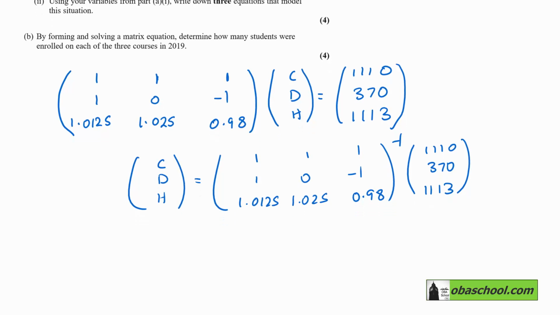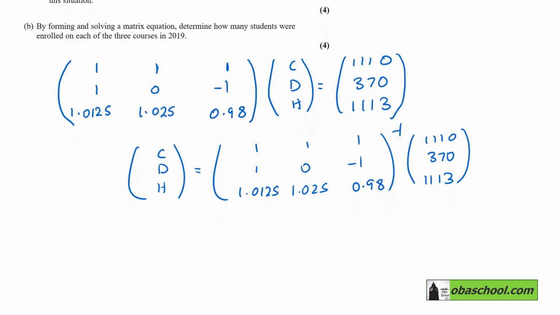And if we do that with a little rounding, we'll find that C is 720, D is 40, and H is 350. And of course you can quickly add those to make sure that it comes to this total.